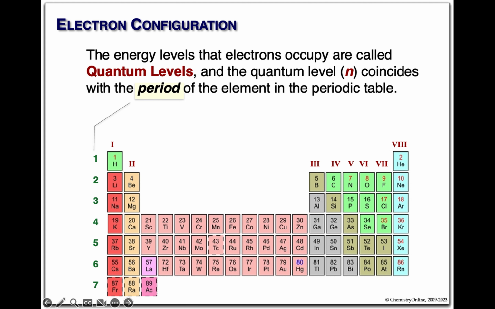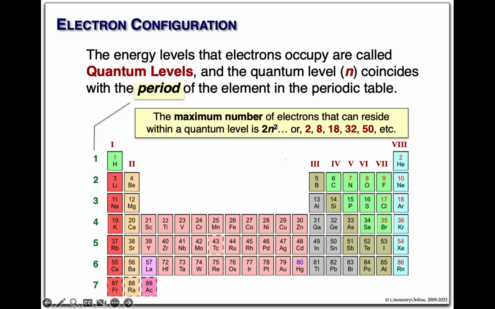When we look at the periodic table, we said we divided this into groups going this way and periods going down. Carbon has 2 energy levels because it's in the second period.